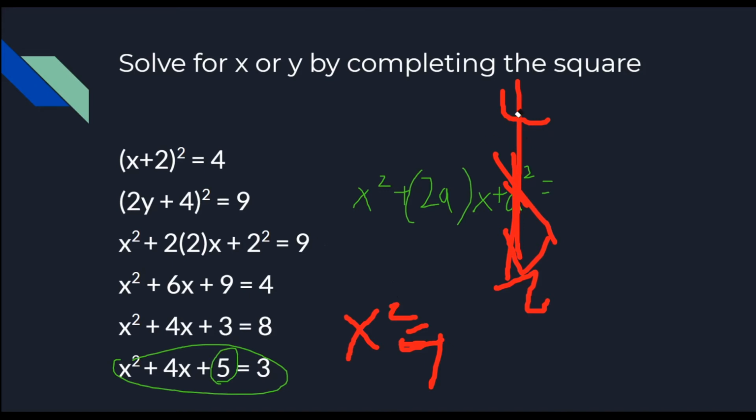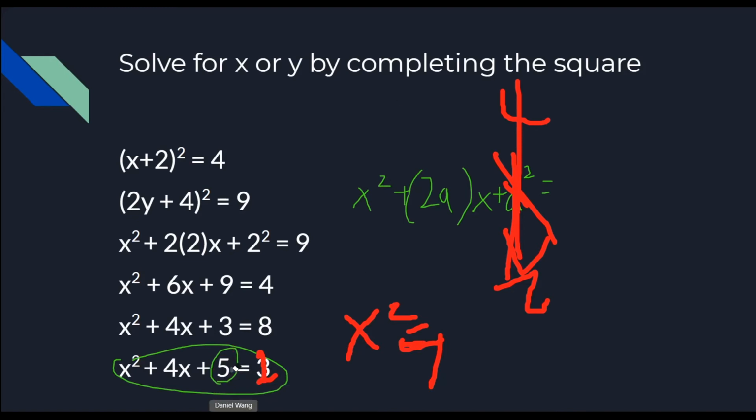We keep 4x on the left-hand side, right? So what can we do to both sides to make this 5 into a 4? How do we turn it into 4? Minus 1 from here, and minus 1 from here.